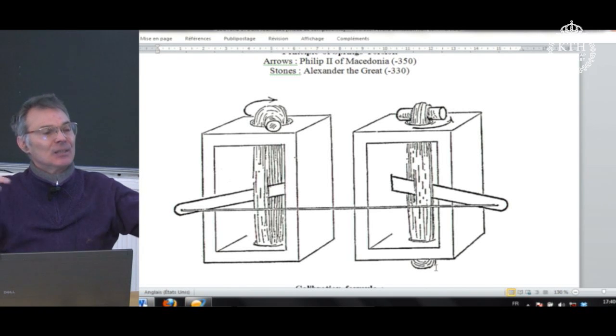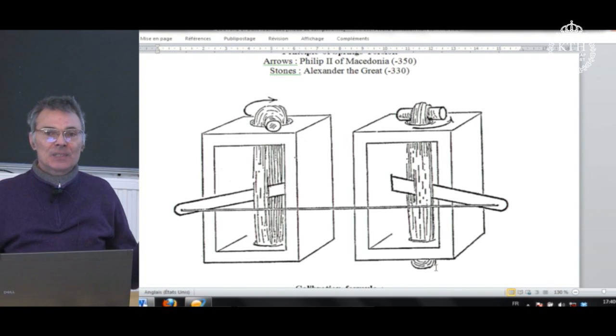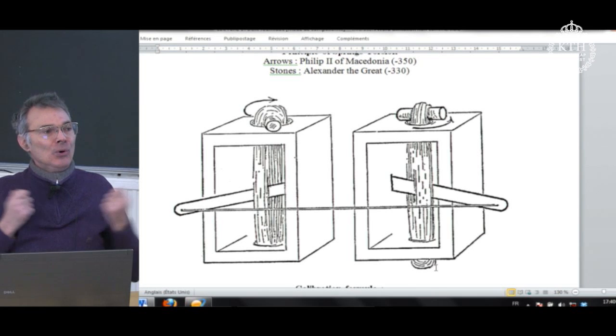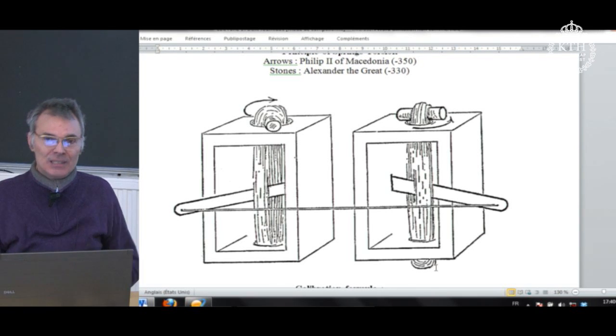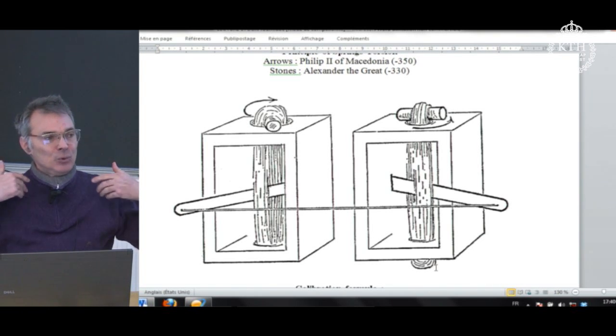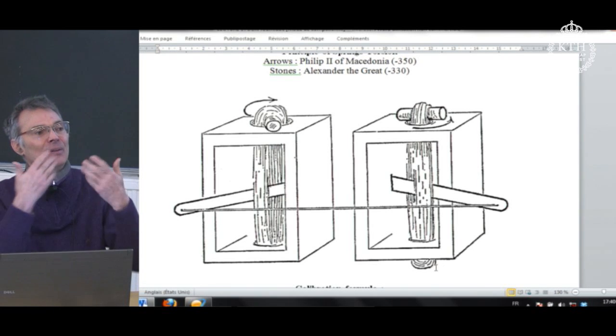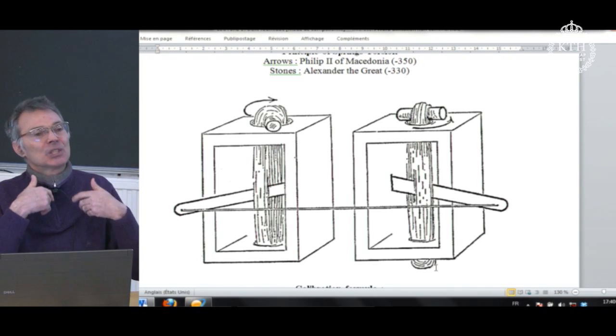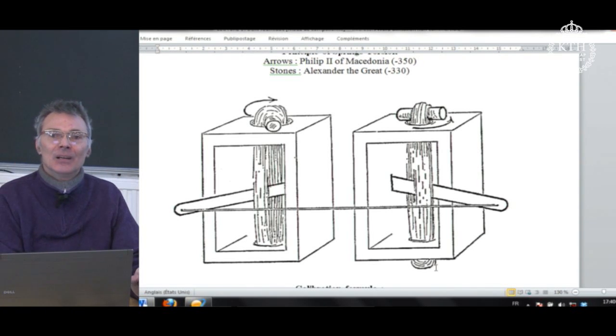Through the springs you pass two wooden sticks, and then you pull the sticks by the strings, and this puts the springs into torsion in such a way that if you release the string, you get the energy of the spring, which projects your projectile.